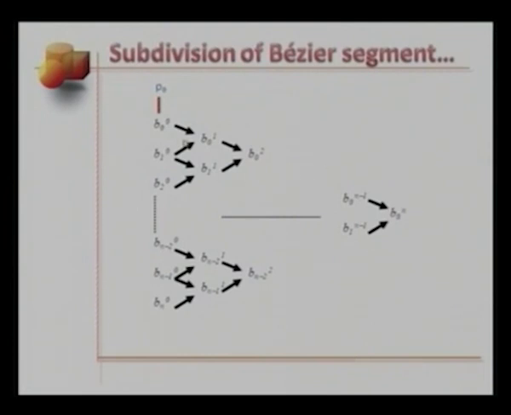You would notice that your first data point is actually p sub 0. Next, you would notice that the stage 1 first intermediate de Casteljau point is your point P1. The stage 2 first intermediate de Casteljau point is the point P2.